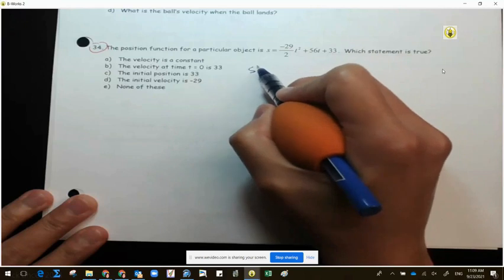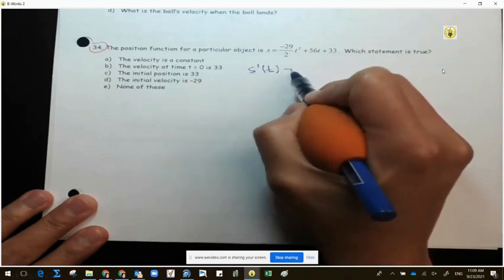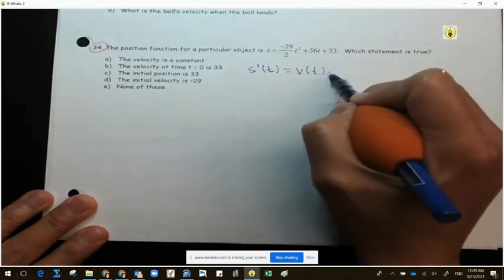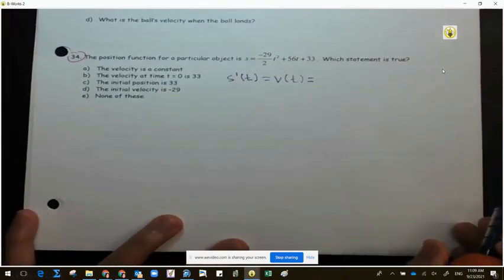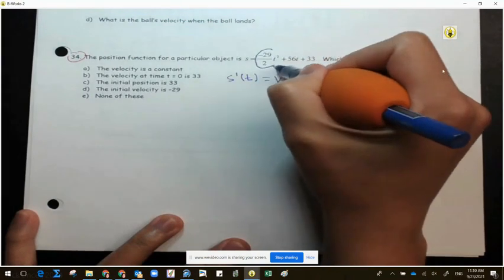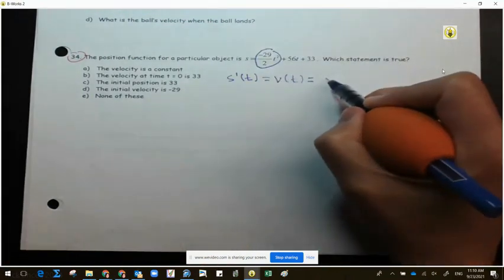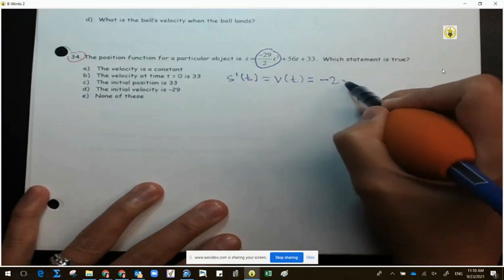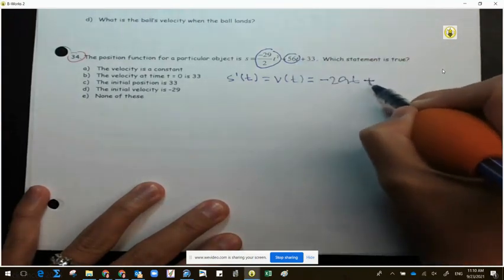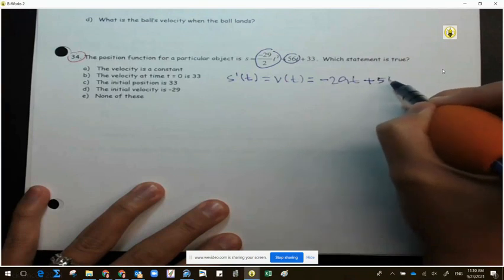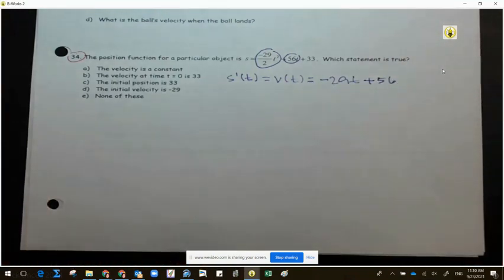So let's write on here s prime of t, which is v of t. What is the derivative of my first term right here? Negative 29t. What is the derivative of my second component? Plus 56. So constant is 0, so I'm not going to worry about it.